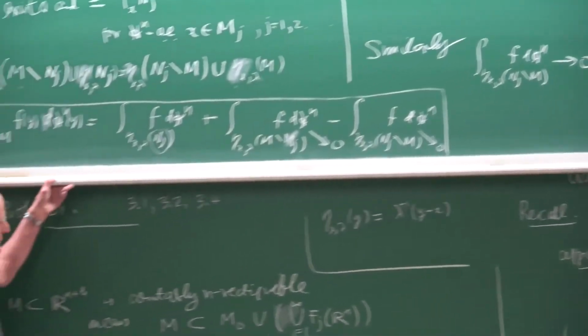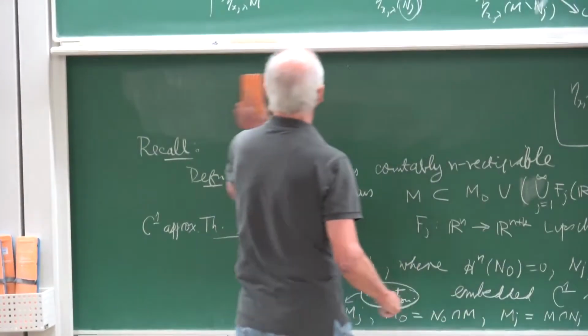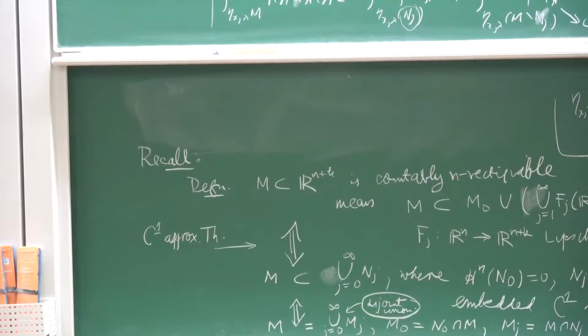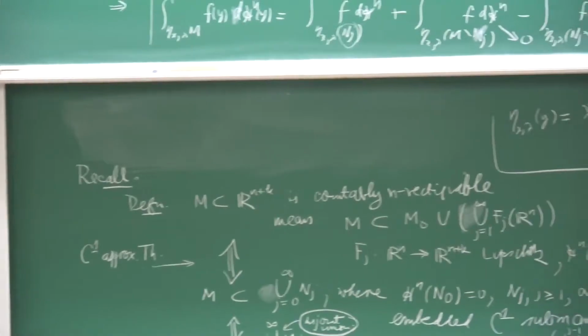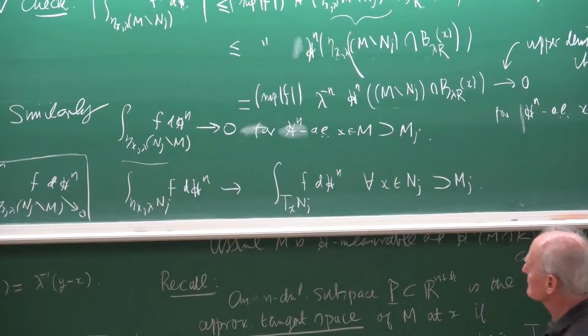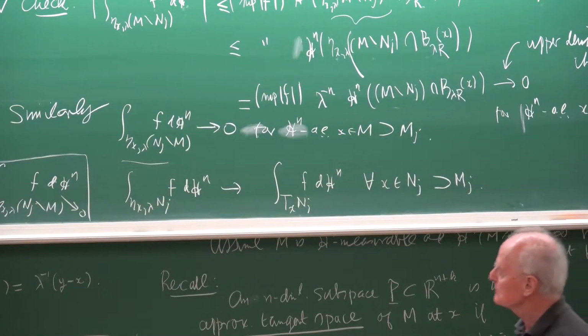So let's do that. Let's write it here. The integral over η_{x,λ}(N_j) of f dH^n tends to the integral over the classical tangent space T_x N_j of f dH^n for every x in N_j, which again contains M_j. So that term tends to the integral over the classical tangent space. So let's put all these things together.